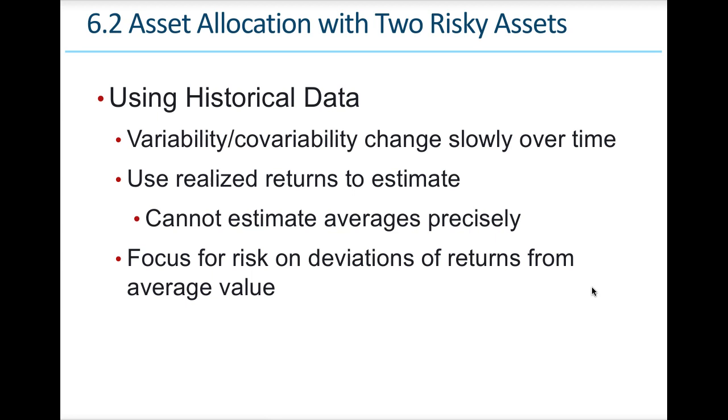If we're looking at two risky assets, how does this help? We want to look at the variability of change over time on these two assets. To try to realize the return estimate, we cannot estimate averages precisely, but we can focus on the deviations of returns to calculate average return.